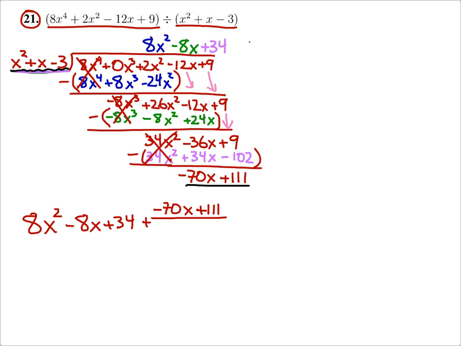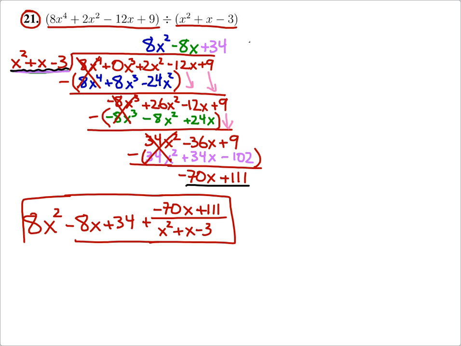But the remainder part, negative 70x plus 111, has not yet been divided by the divisor, x squared plus x minus 3. So that is our answer. The quotient plus the remainder, but the remainder is still being divided by the divisor because that part of the division hasn't happened yet.